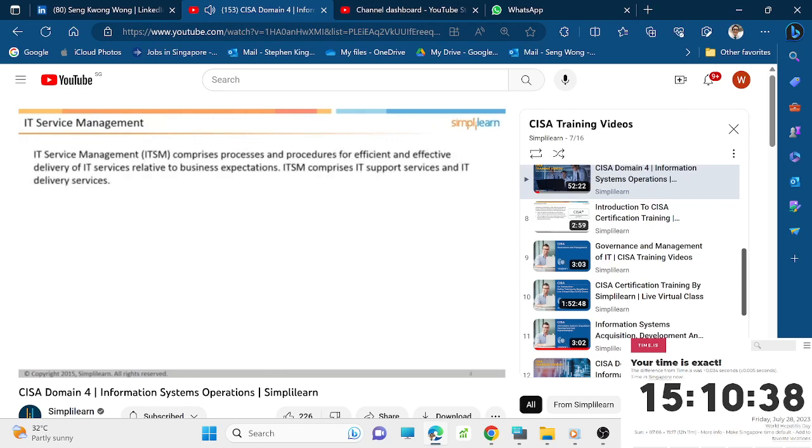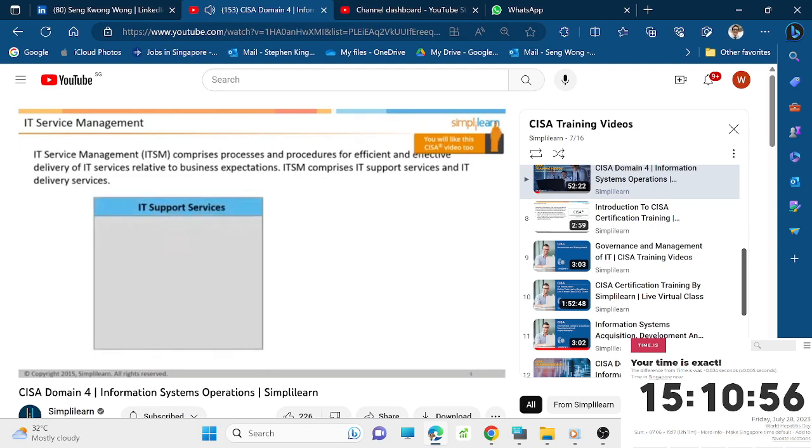IT service management, ITSM, comprises processes and procedures for efficient and effective delivery of IT services relative to business expectations. ITSM can be split into IT support services and IT delivery services.